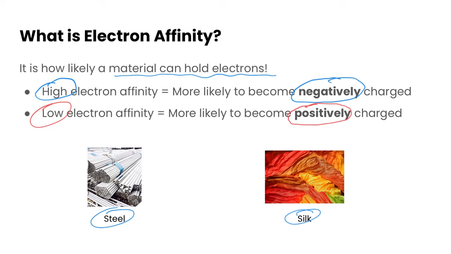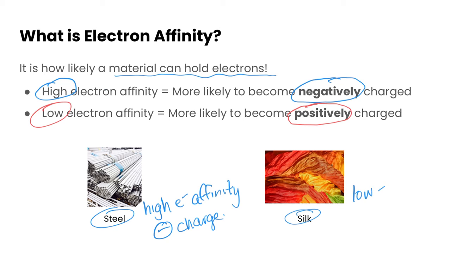So we would say that steel has a high electron affinity, and so it is likely to have a negative charge. Whereas the silk has a low electron affinity, and so it will take on a positive charge when we rub these two items together.